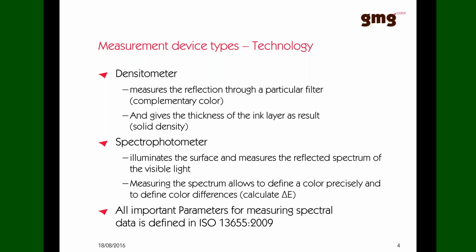Then there's a spectrophotometer. A spectrophotometer illuminates the surface that you want to measure, and then it measures the complete reflected spectrum of the visible light, also parts of the invisible light. So by measuring this whole spectrum of the light, we can convert this spectral data to, for example, the LAB color standard, and in this standard we can then, for example, calculate differences between two colors that we measured and so on.